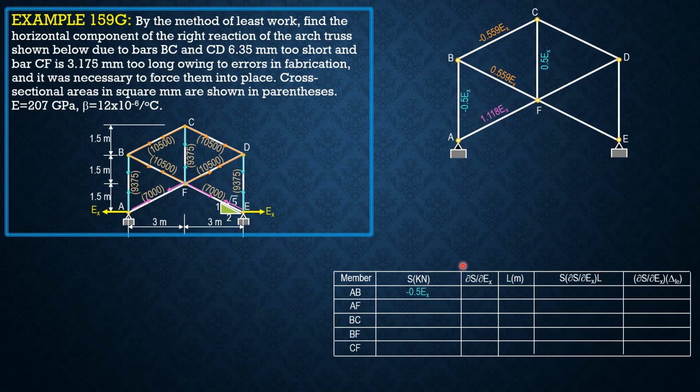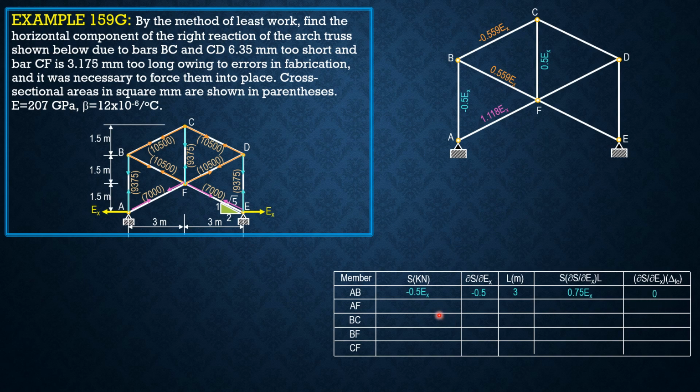So tabulating, that is AB, negative 0.5 EX, partial derivative, negative 0.5. The length is 3, and the product, then the product of partial of S with respect to EX and the fabrication error. For too long, it is treated positive, but for too short, it is treated negative. So since AB is not involved in fabrication error, it's 0 here.